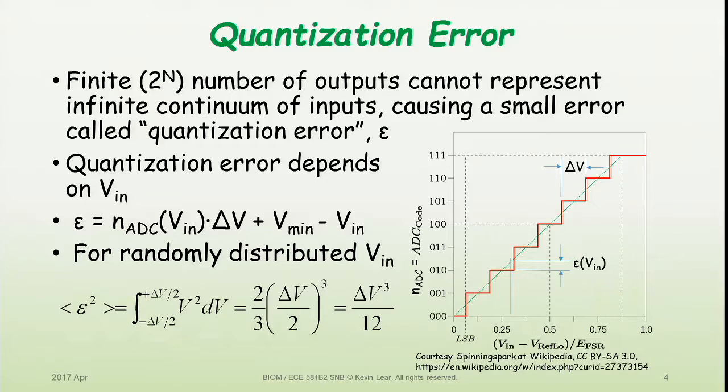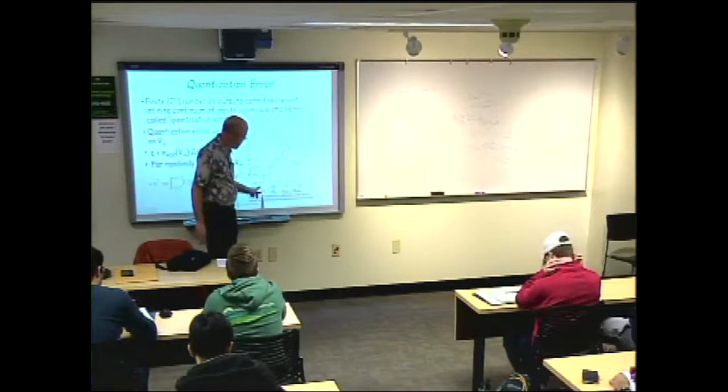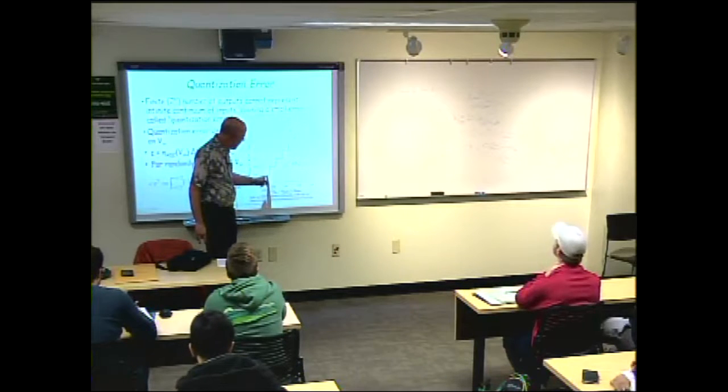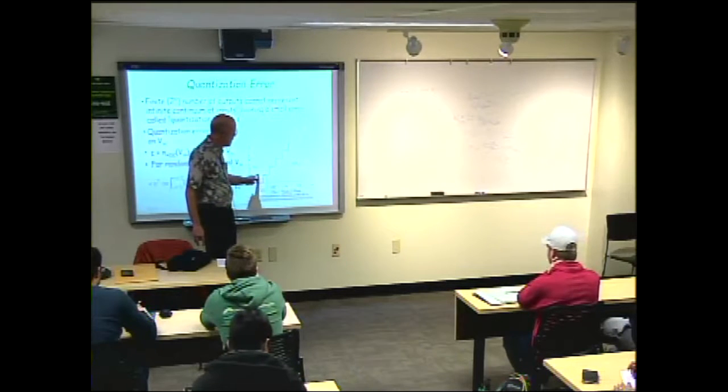We'll use epsilon to represent this error, which we call a quantization error. And the quantization error depends on exactly where the input voltage is. So if I have precisely some voltage that is the connection between the mapping of these lines, like this point right here, I would have exact quantization and there would be no error in the signal.